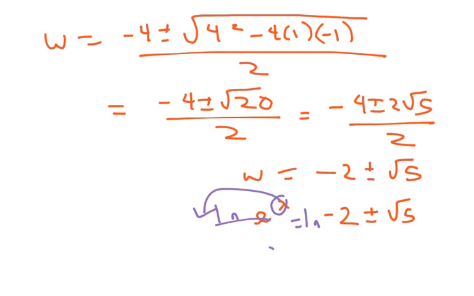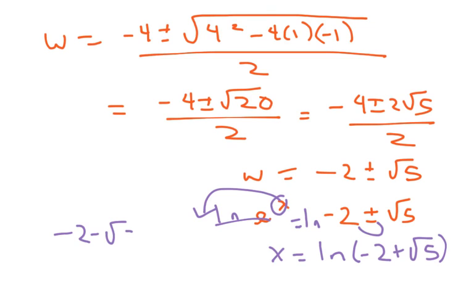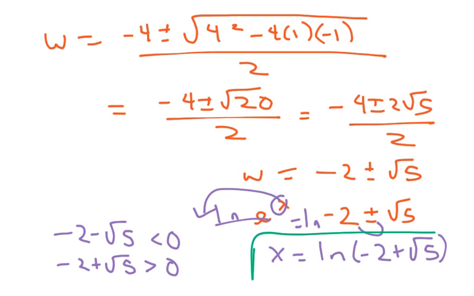That cancels, so you get x equals natural log of negative 2 plus root 5. The negative part won't work because clearly that is negative. Negative 2 minus root 5 is clearly less than 0. But this one works because negative 2 plus root 5 is positive. So we have one solution, and that is it right there. And that's how you do those.